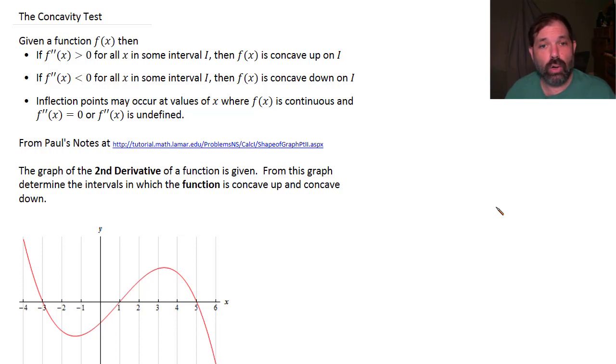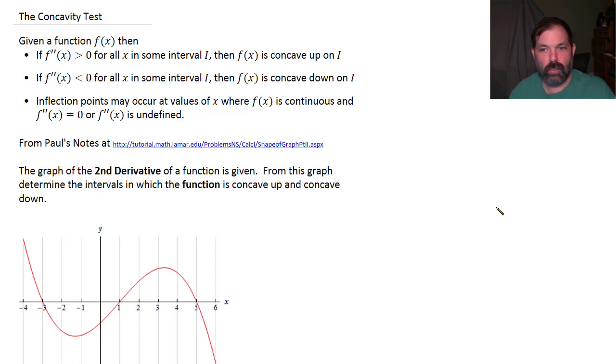Inflection points can occur where the function is continuous and the second derivative is 0 or undefined. So this is similar to how we figured out critical numbers, increasing and decreasing intervals, and relative maximums and minimums using the first derivative, but now for concavity we use the second derivative instead. Similar process, different derivative.